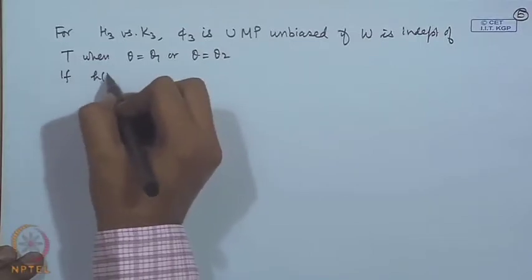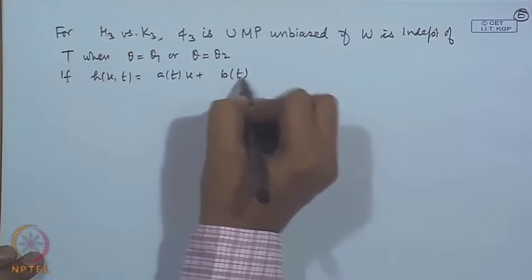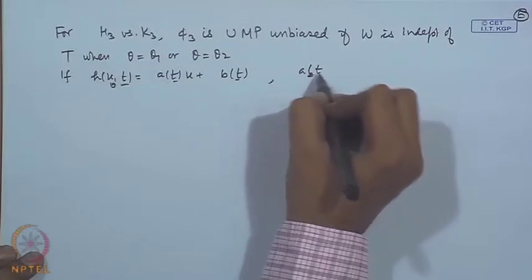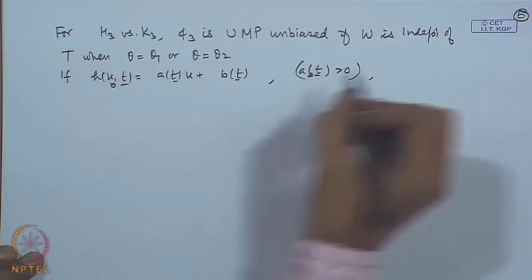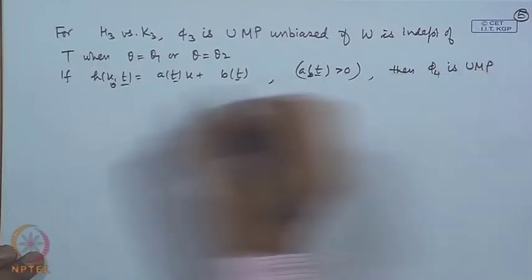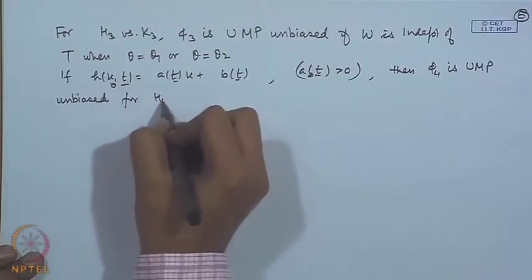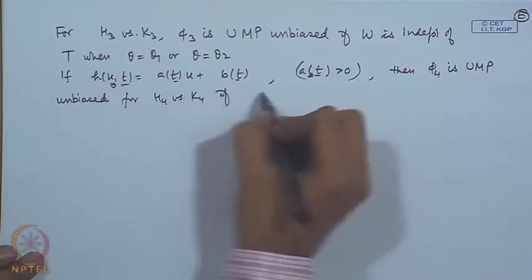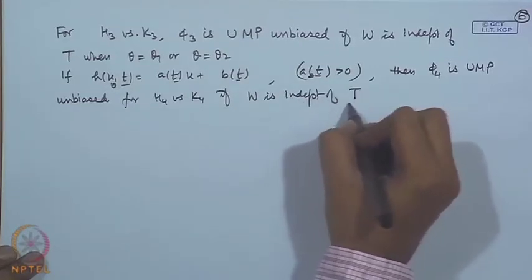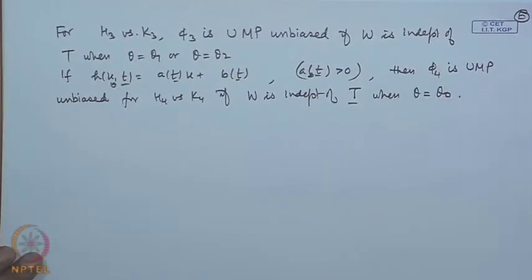If h(u, t) is of the form A(t) times u plus B(t), where A(t) is positive, then phi 4 is UMP unbiased for H4 versus K4 if W is independent of T when theta is equal to theta naught.